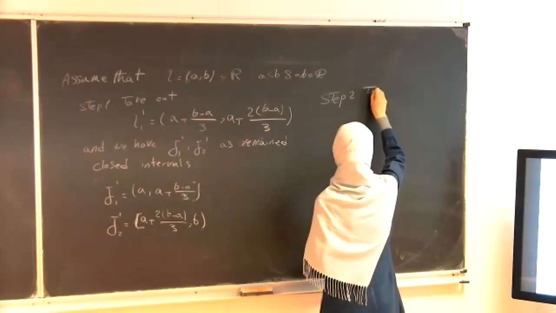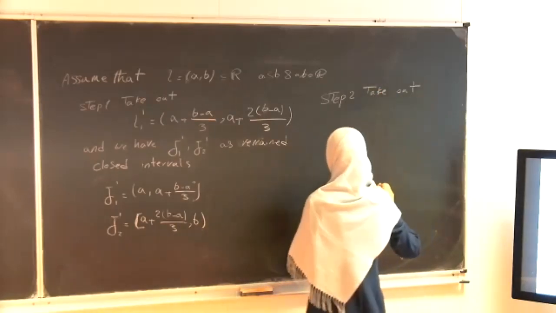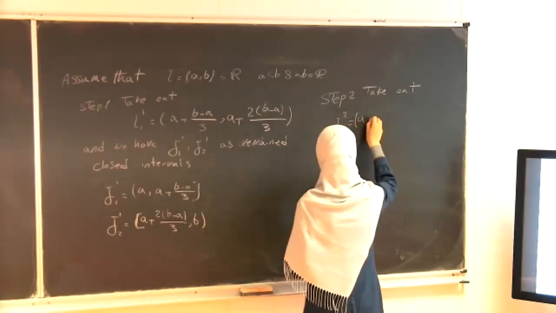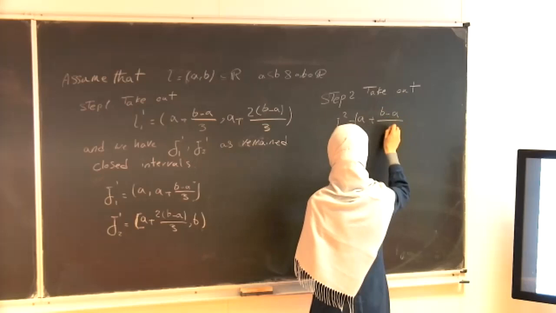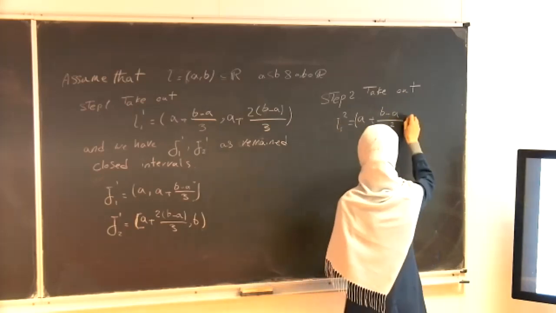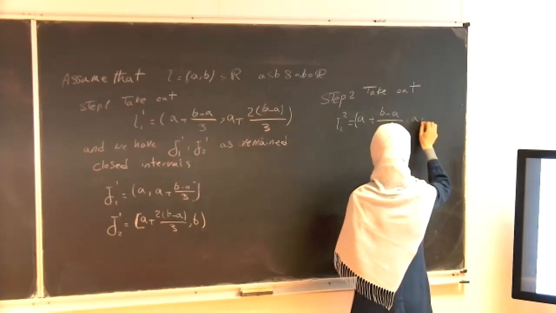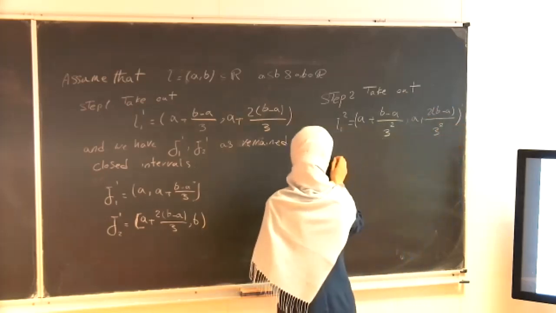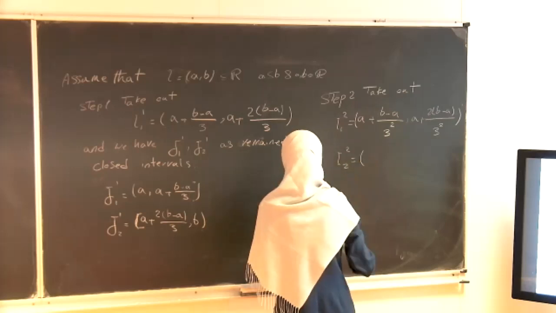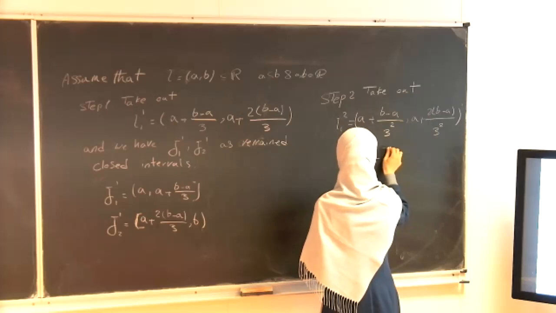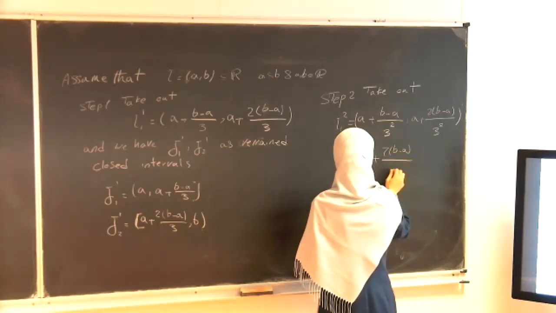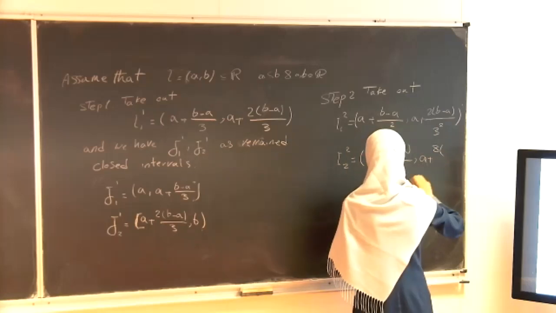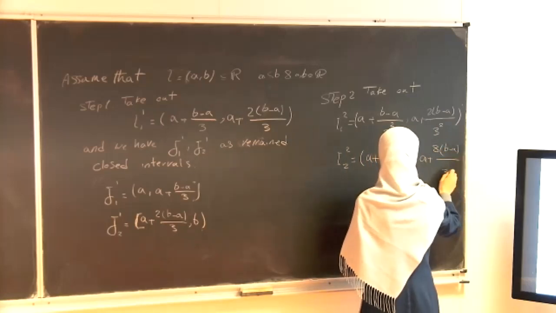So we take out the open intervals I12, which is (a + (b - a)/3^2, a + 2(b - a)/3^2), and I22, which is (a + 7(b - a)/3^2, a + 8(b - a)/3^2).